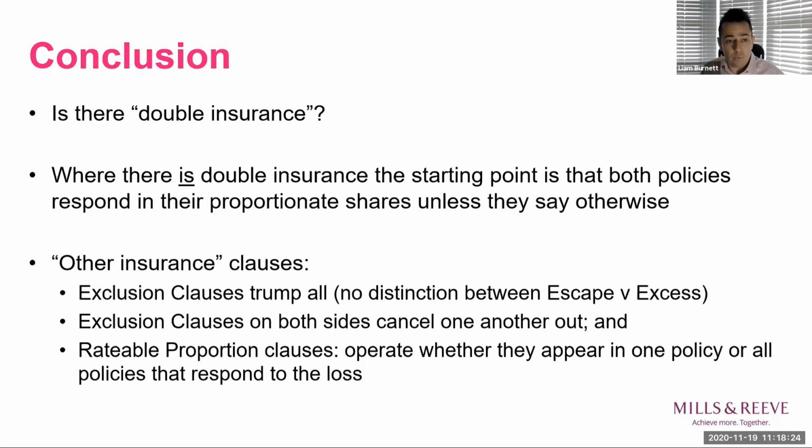And as a rule of thumb, where there are such clauses, bear in mind that exclusion clauses trump every other clause. And under English law, there's no distinction between an escape or an excess clause. Exclusion clauses on both sides cancel each other out, and rateable proportion clauses operate whether they appear in one policy or in all policies that respond to the loss.